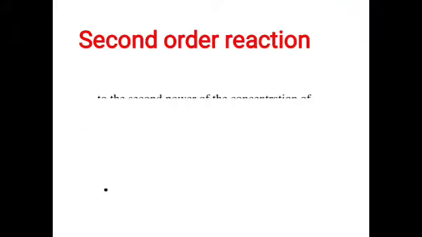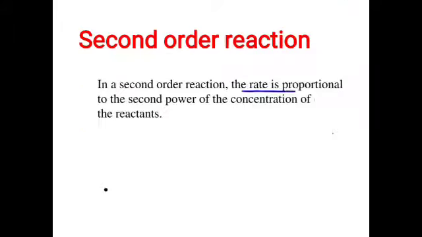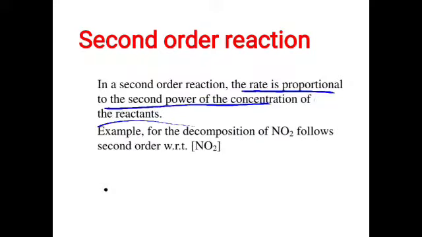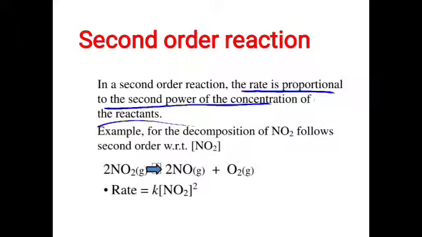The example is the decomposition of NO2, nitrogen dioxide, to 2 NO and 1 oxygen molecule. When we found out experimentally, this rate was proportional to the concentration of nitrogen dioxide raised to power 2.